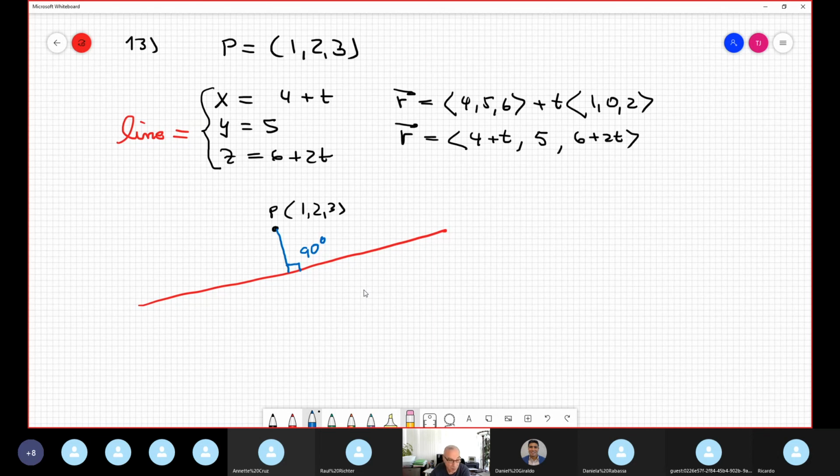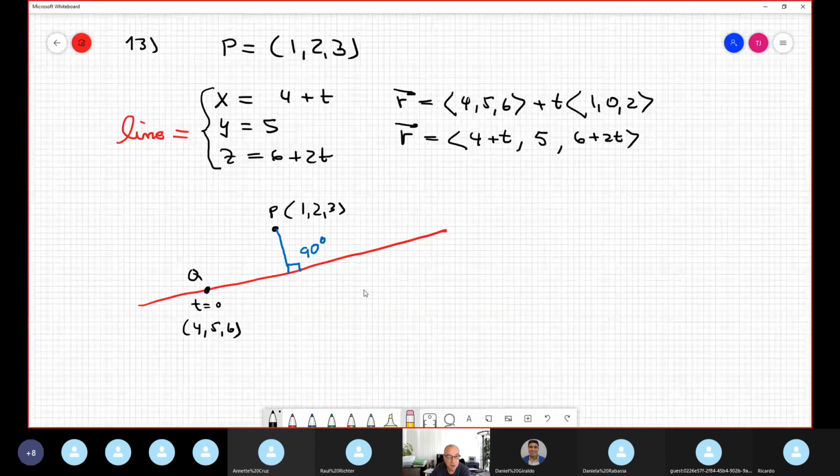I call it Q. The easy way is to suppose t = 0, and then the point Q is (4, 5, 6). When t is 0, the t part disappears and only 4, 5, 6 stays, no?